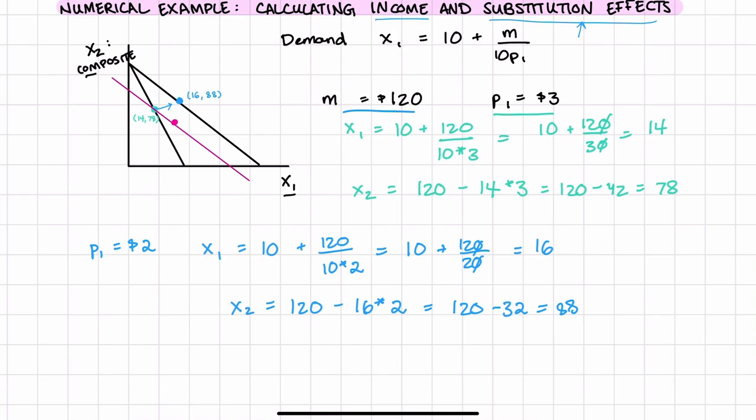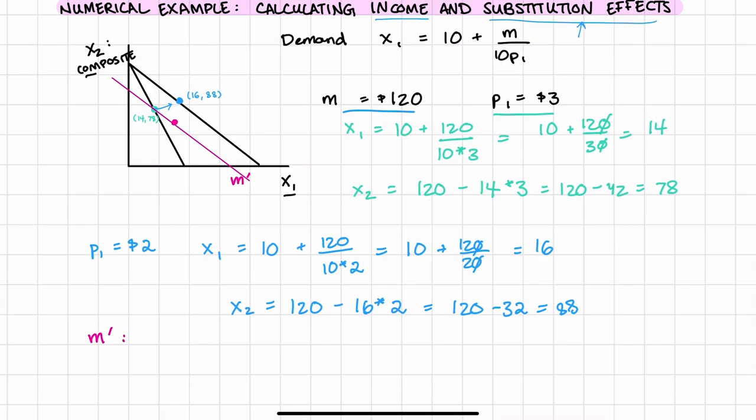Given those changes to relative prices, what is the m prime? I'll label that budget line m prime. M prime says we have a lower purchasing power. How much lower is that purchasing power?